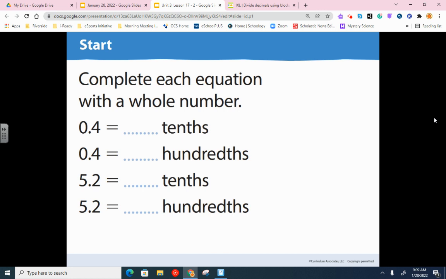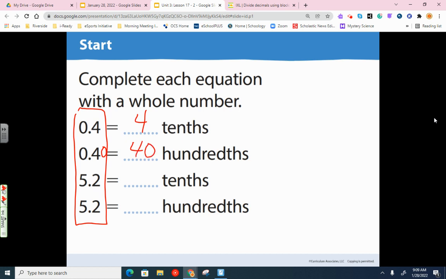It just basically means you can turn any of these decimals into a whole number. For example, this is 4/10. If we added a 0 here, that'd be 40/100.